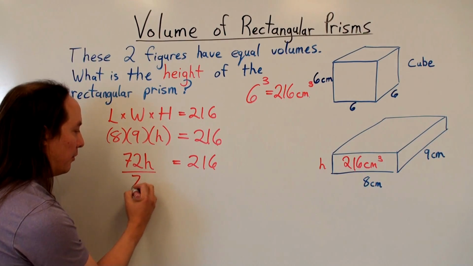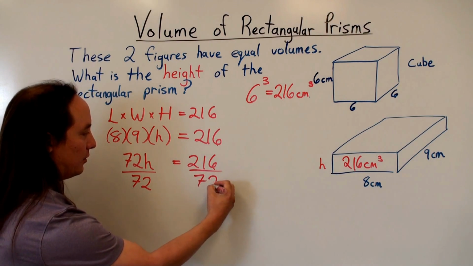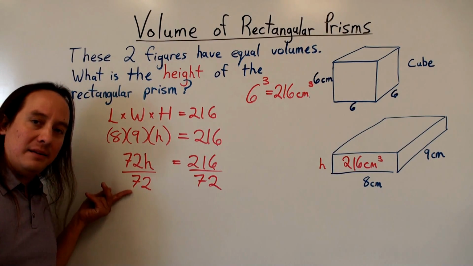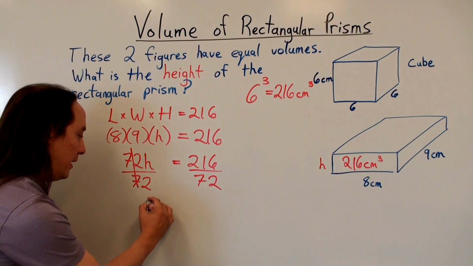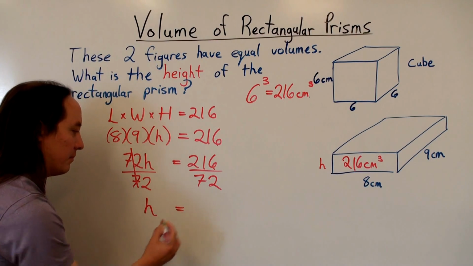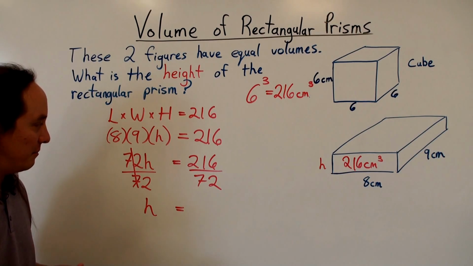So I would divide both sides of the equation by 72. Whatever number divided by itself is 1. 1h, I already talked about this, is going to be h. I don't need to put a 1 in front of it to show that it's 1h.